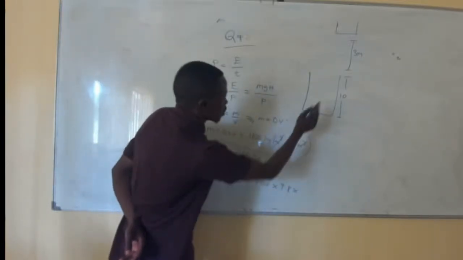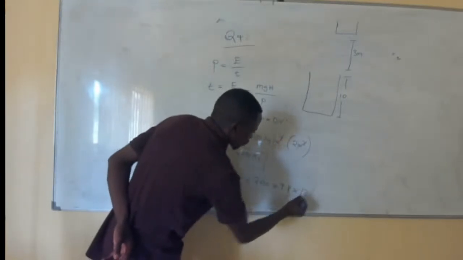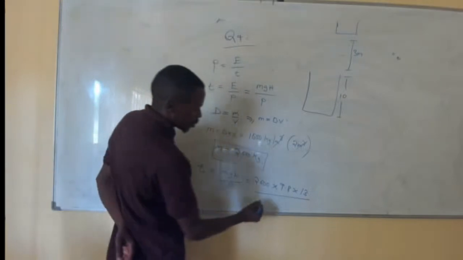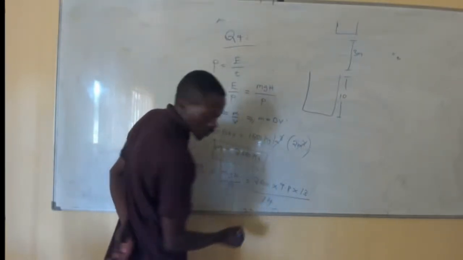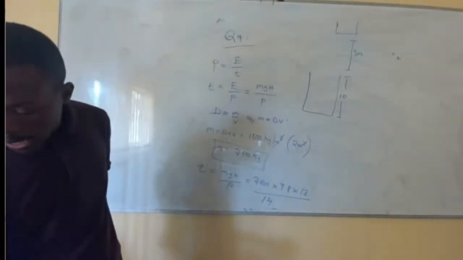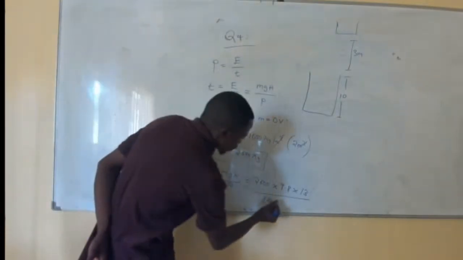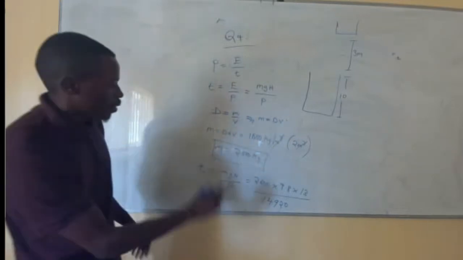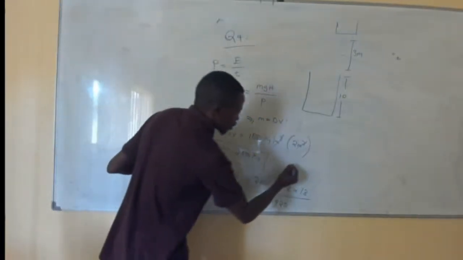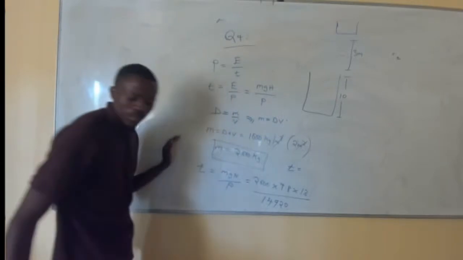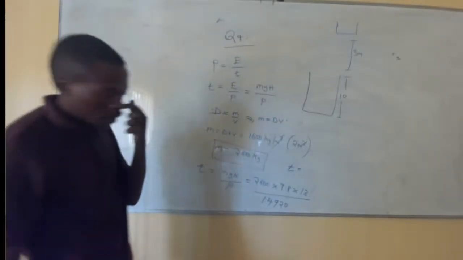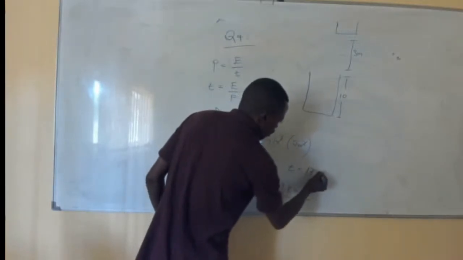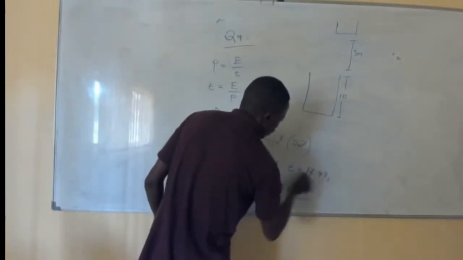So that is just 10 plus 3, which is 13, divided by power, we found it to be 1,409.920. So when you figure out the mathematics there, the time that it will take to pump 2,000 liters of water is 17.43 seconds.